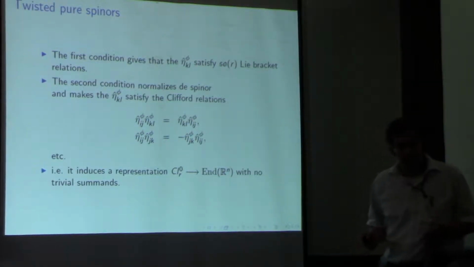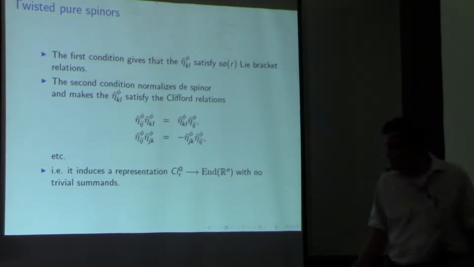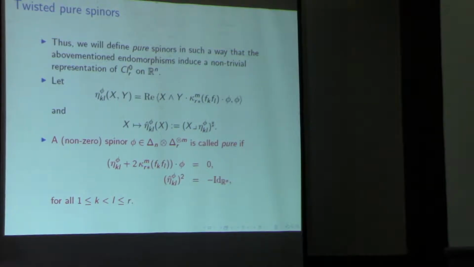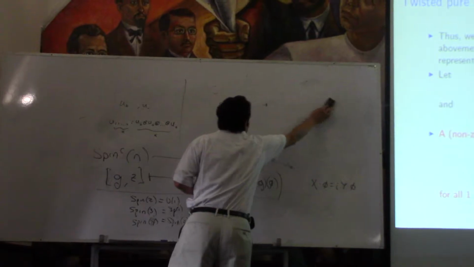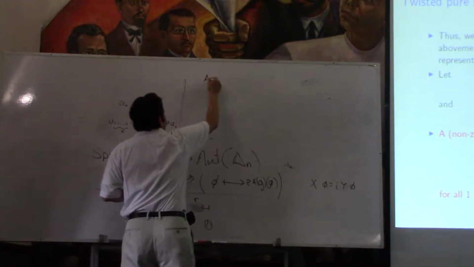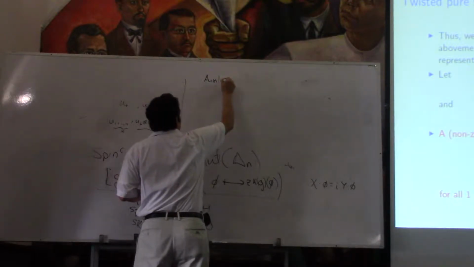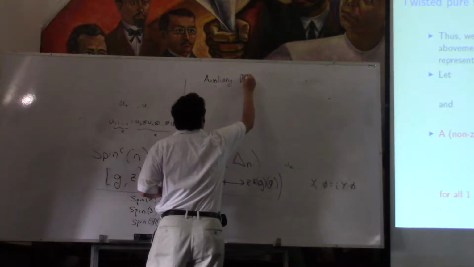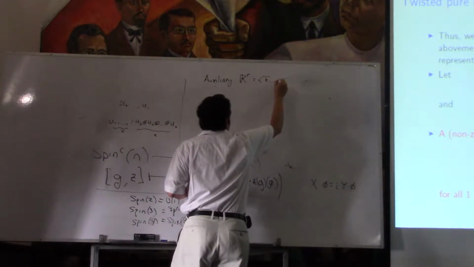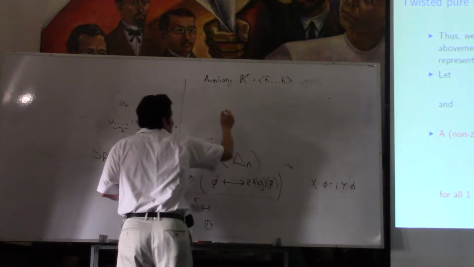Sorry, could you remind me what f_k and f_l are there? Okay. So you have an auxiliary real space, and this is generated by an orthonormal basis.